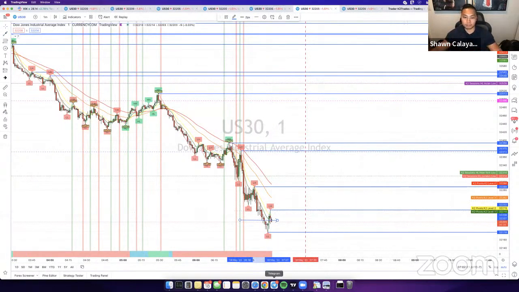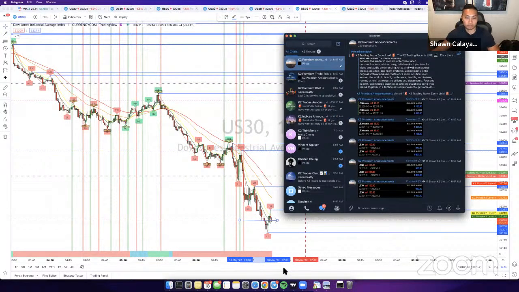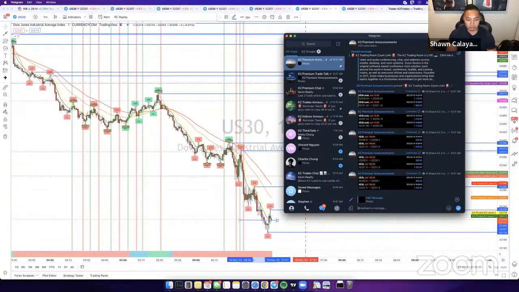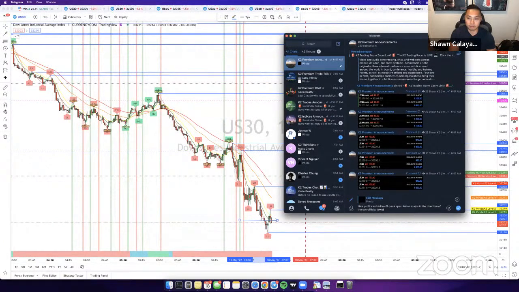But here's the profits that I pretty much, I'll just put, nice profits locked in. Speculative moves, direction of overall bias.